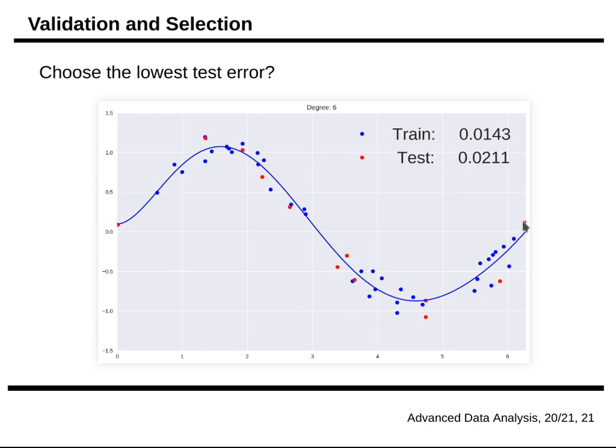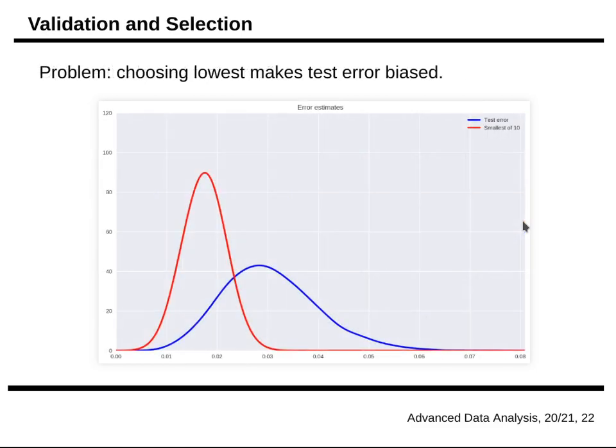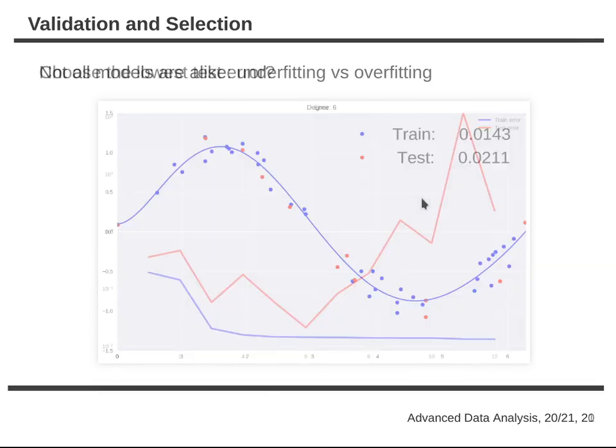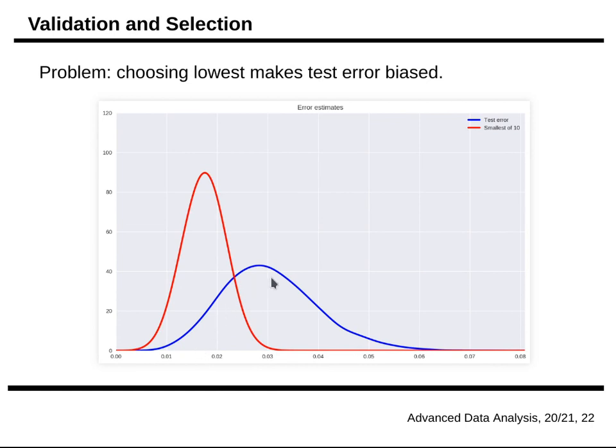But if we use the test set for this, we create a new problem. Note that even though each individual estimate of the true error is unbiased, so it would have a curve somewhere like this, this could be the true error. Each time we measure the test error to get an estimate of the true error, sometimes it's below the true error, sometimes it's above.